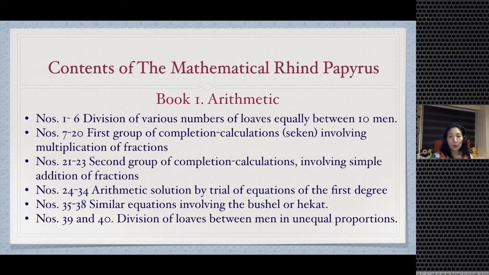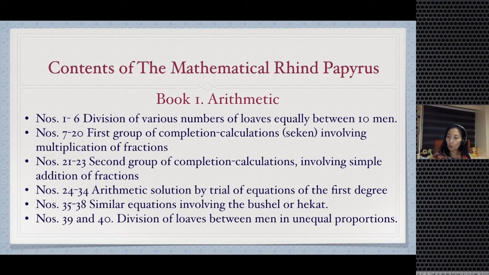So three parts or three books. The first book is the book of arithmetic, whose contents are as follows: numbers 1 to 6, division of various numbers of loaves equally between men, until numbers 39 to 40, division of loaves between men in unequal proportion.